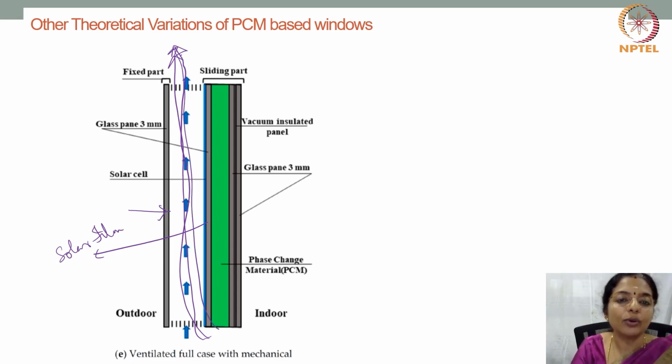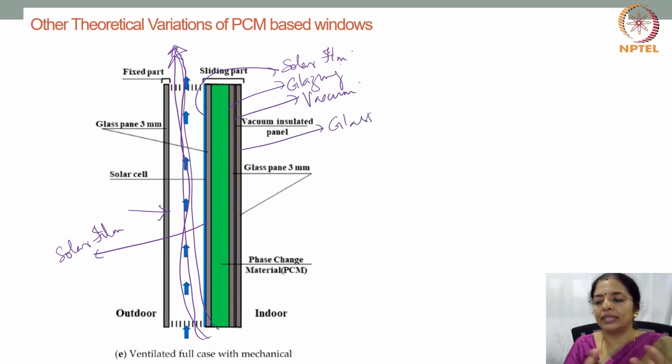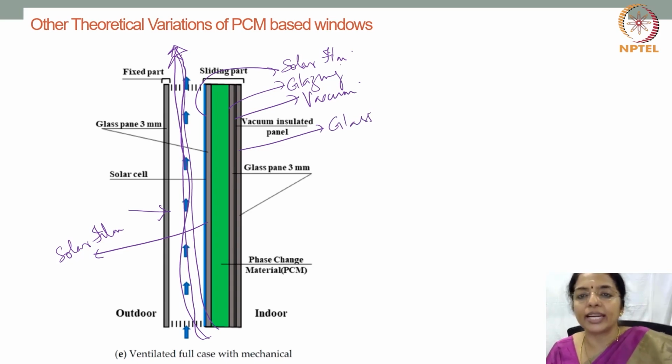Then you have the solar film, then again glazing, then a vacuum space, and then another glass. So you can have multiple designs or options of PCM encapsulated windows.